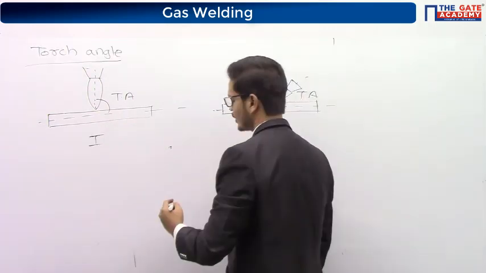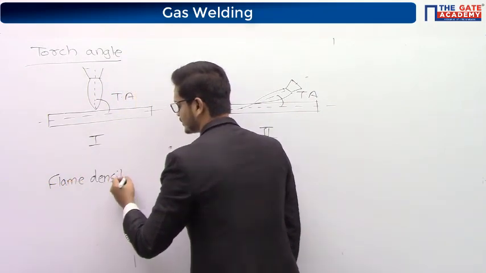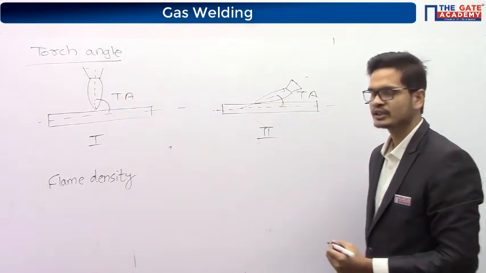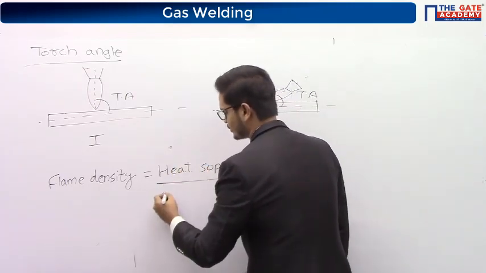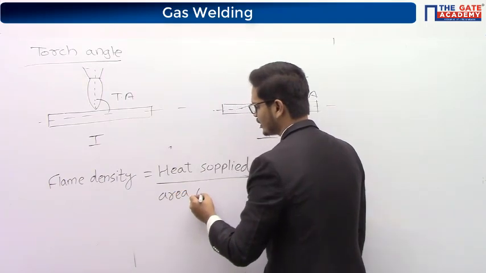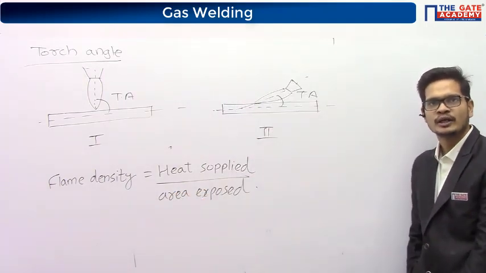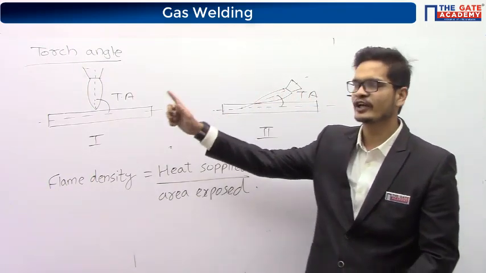Next thing is flame density. Flame density is heat supplied upon area exposed. Now, in both the cases we are using the same flame.